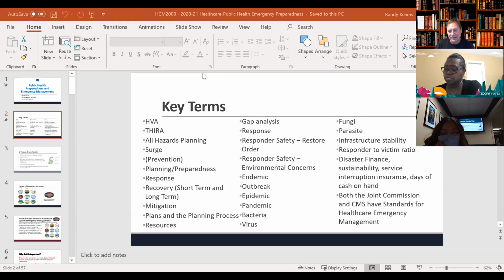Fungi and parasites are much smaller subsets of infectious disease or communicable disease. They typically are not deadly. One exception would be a fungus. There were some patients in the San Francisco area in the 1980s that were dying of an unusual fungal infection, and they couldn't figure out why.